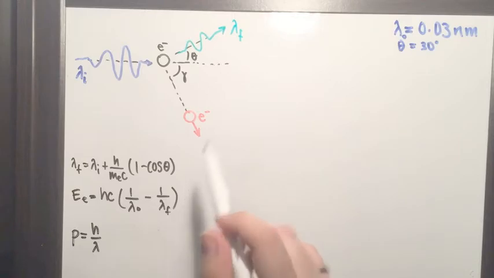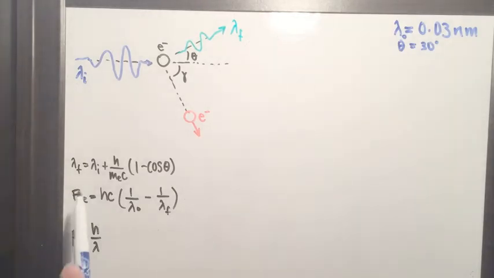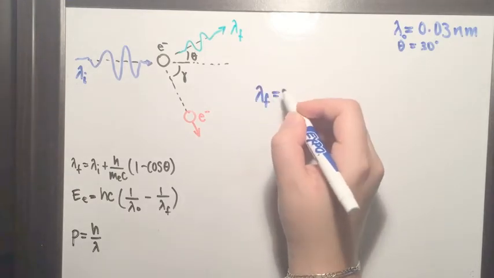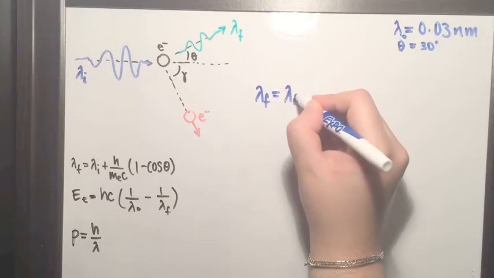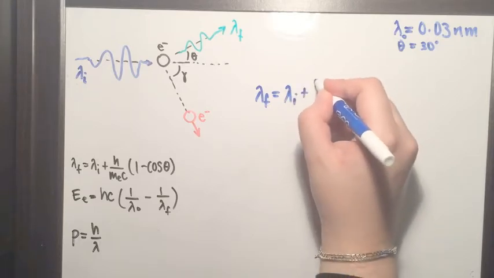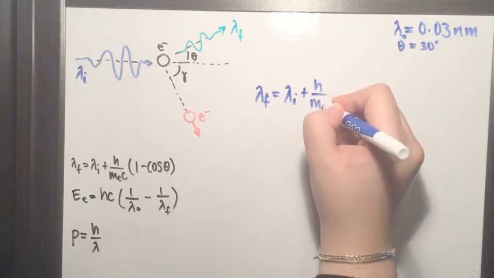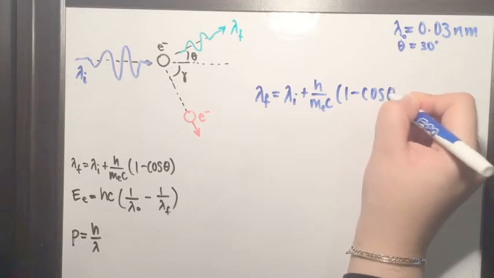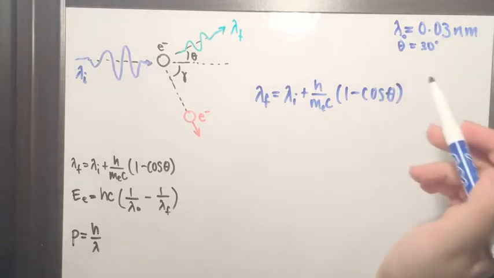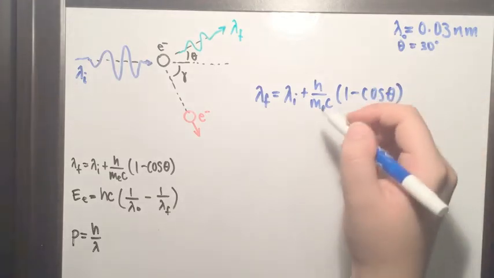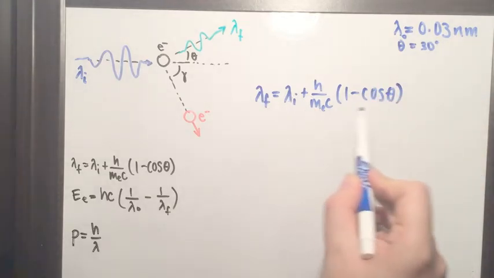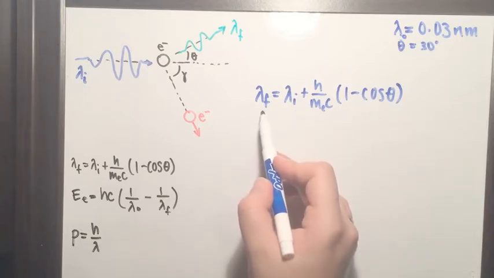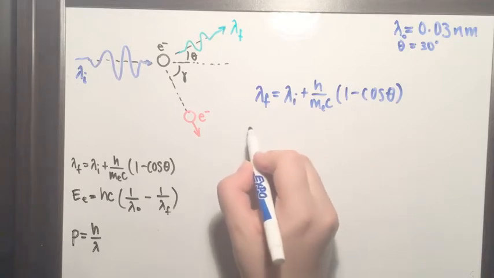In order to find the final wavelength, we want to use this first equation here. So lambda final is equal to lambda initial plus h over m_e c times 1 minus cos theta. We have all of the parameters we're interested in, so we can go ahead and plug those in.